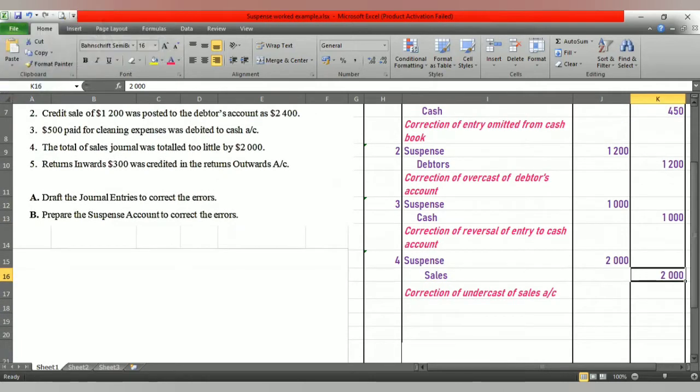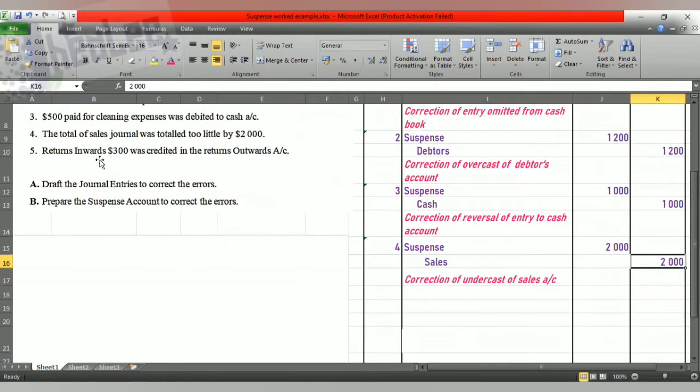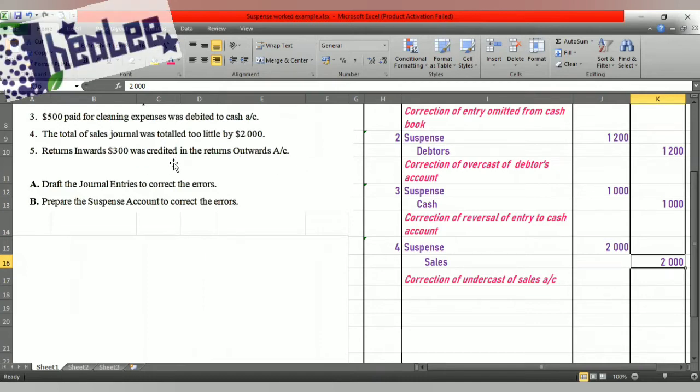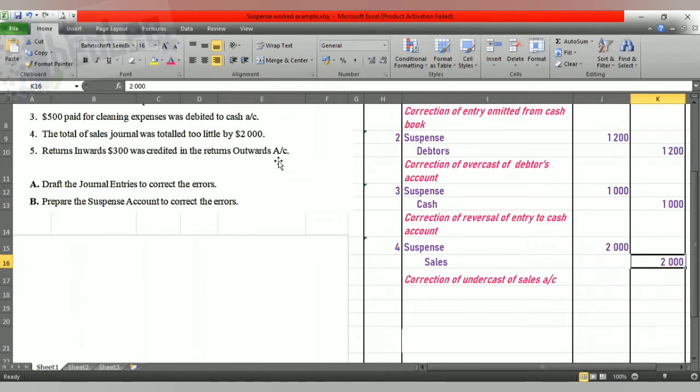Now, number 5, returns inwards 300 was credited in the returns outwards account. Returns inwards carries a debit balance.